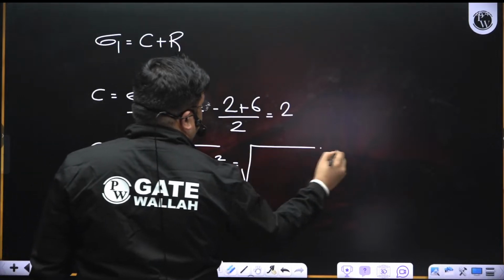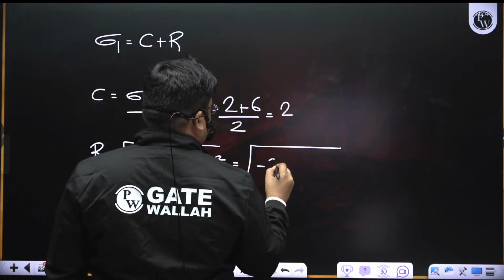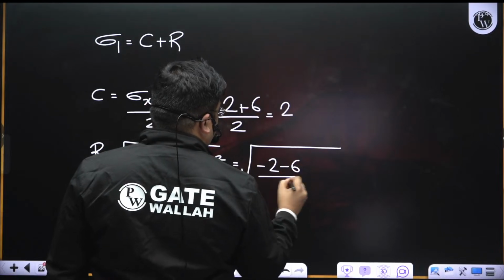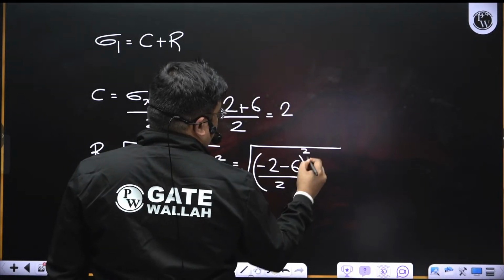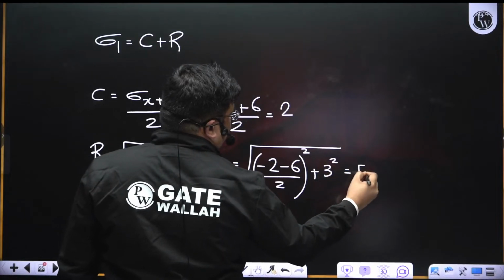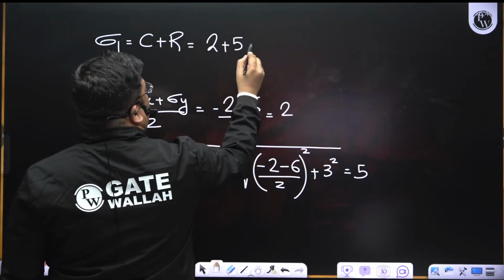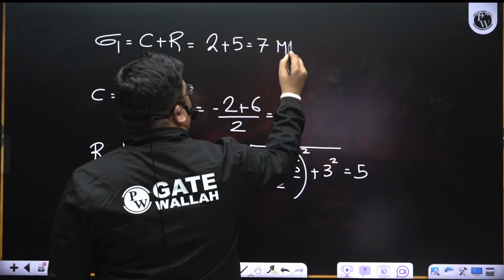So minus 2 minus 6 by 2 is 4, so 4 square, and tau xy is 3 square. So I get 5. So C plus R is 2 plus 5, that is equal to 7 MPa.